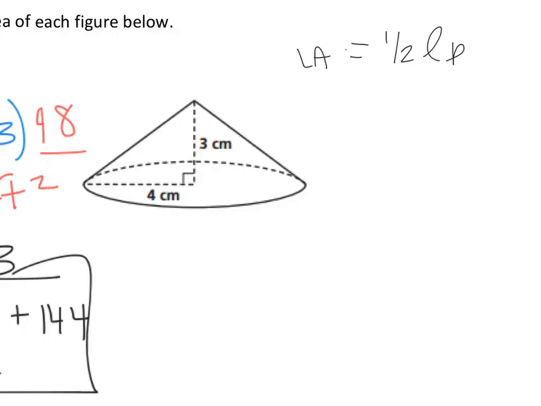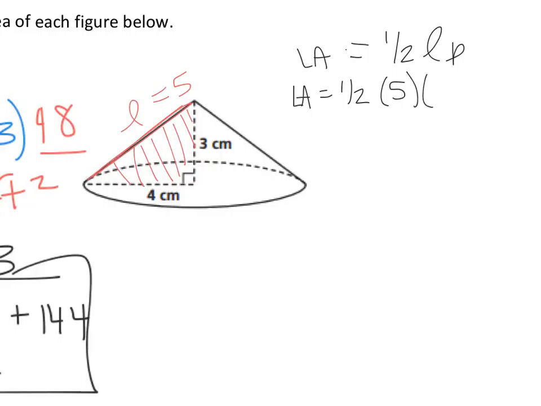So this right here is your slant height. So you're going to have to do the Pythagorean theorem again, and I would get 5. So it's going to be lateral area equals 1/2 times 5 times the perimeter of the circle. And the perimeter of the circle is diameter times pi.